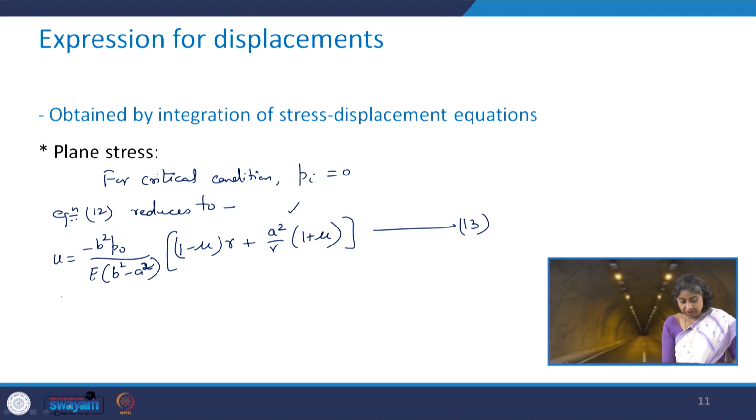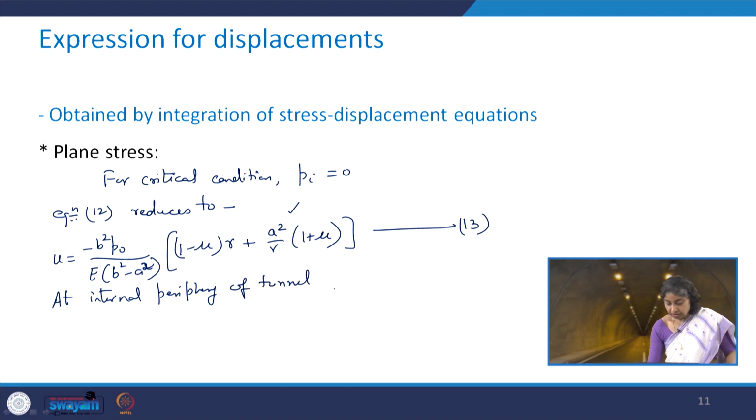Now, what will happen at the internal periphery of the tunnel? We have r equal to a. So, just substitute r equal to a here.